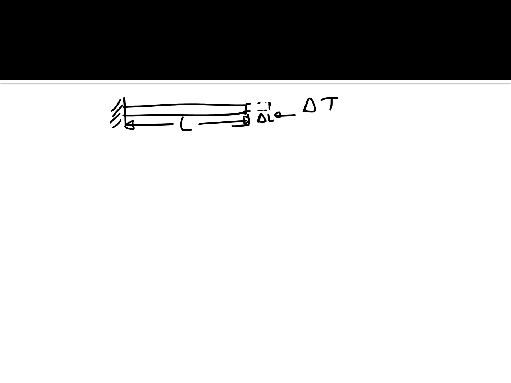So before we start calculating alpha 1, let's review a little bit of what we have learned in our mechanics of solids class. Let's suppose I have a rod made of steel, and let's suppose the length of this rod is L. If I heat it up through a temperature of delta T, then I know that this rod is going to expand, and let's suppose this distance is delta L. Then delta L will be equal to L times alpha times delta T, because that's how we define our thermal expansion coefficient, change in length per unit temperature.